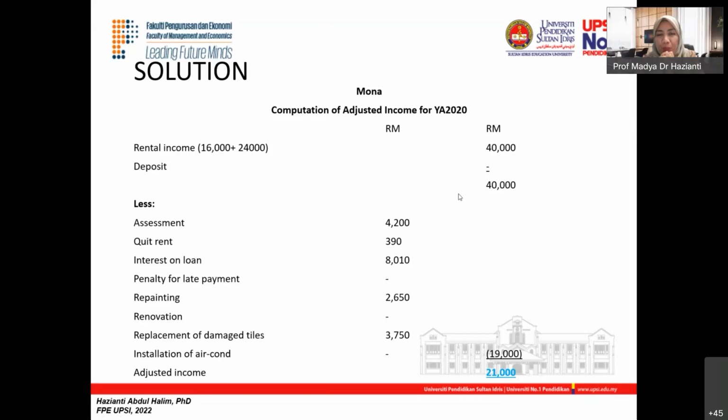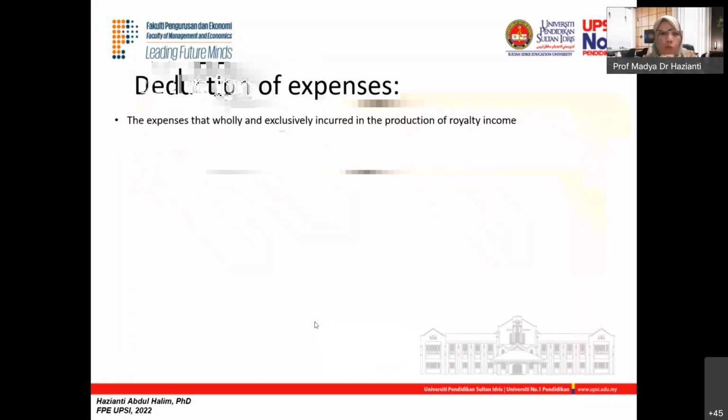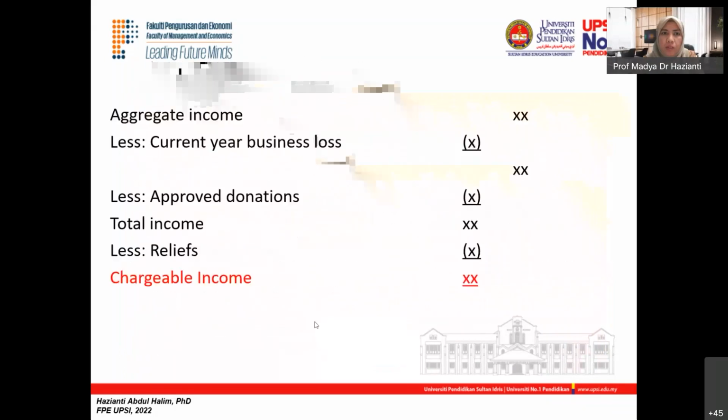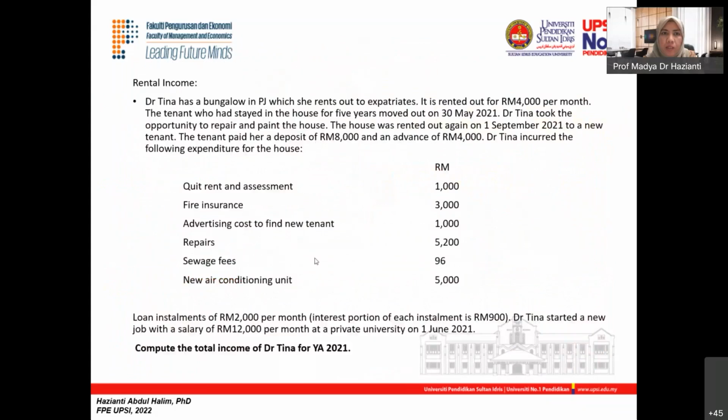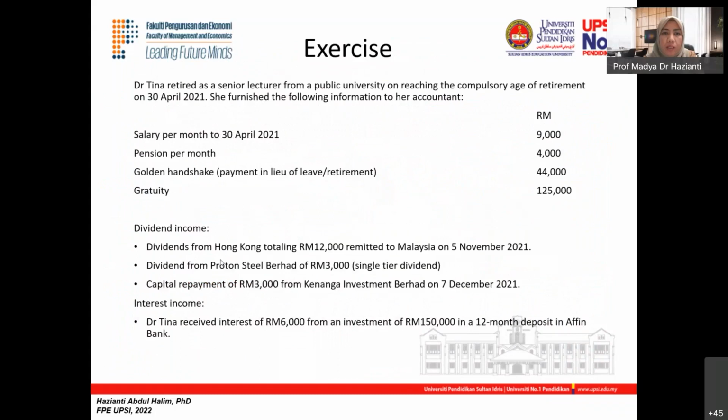You can try tengoklah soalan dengan jawapan untuk Mona ni. Okay, the rest ni kita sambung next week. So ini ada banyak exemption juga ni because ada lagi soalan dalam ni. Okay, so dalam ni ada Dr. Tina. Tina bagi soalan ni kalau tengok saya combine dah. Ni kita buat next week.